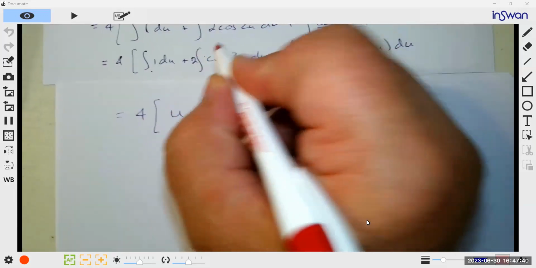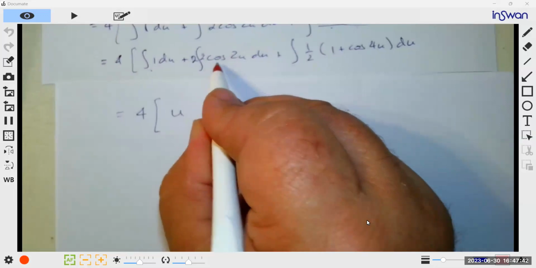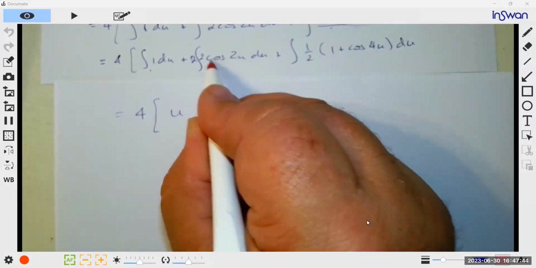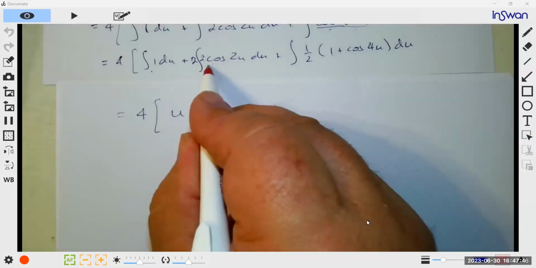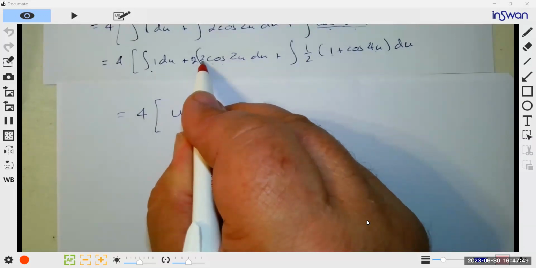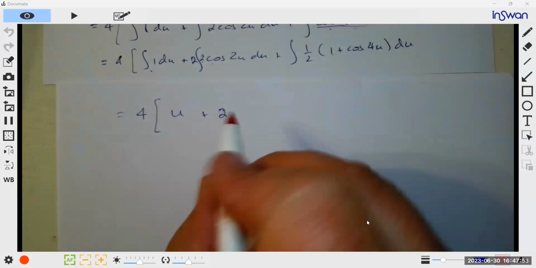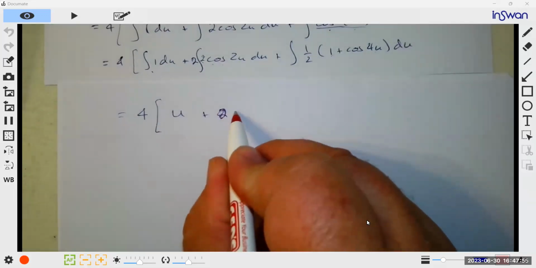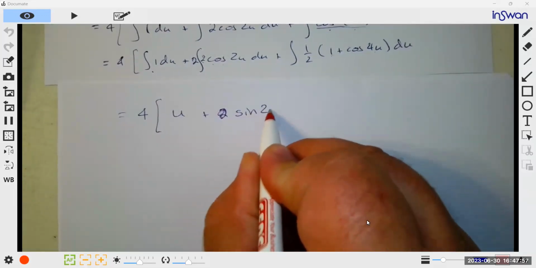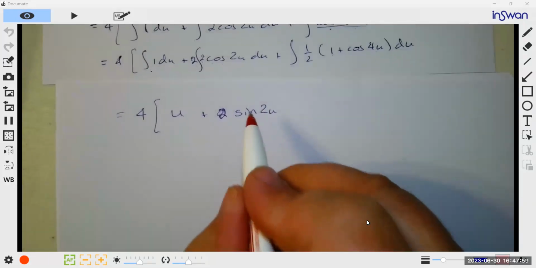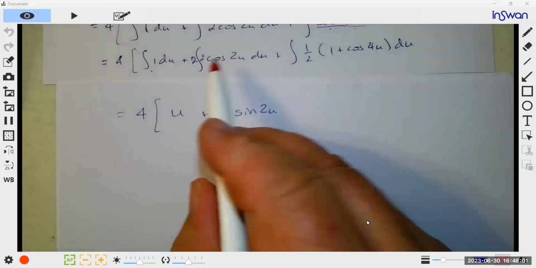We need to keep that 2 inside there because the derivative of sine 2u is going to be 2 cosine, so we have to have that 2 in front. So it's sine 2u.